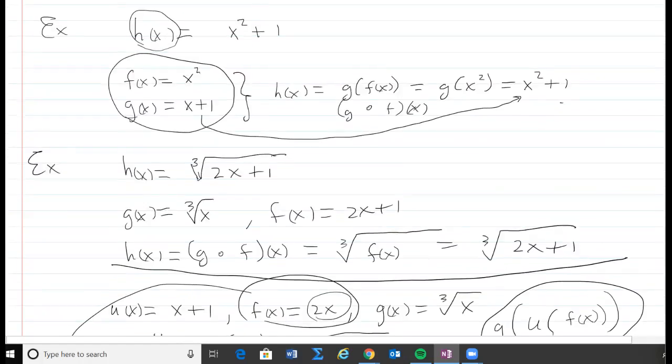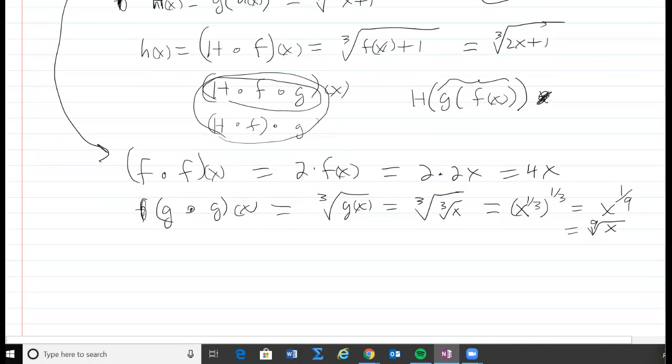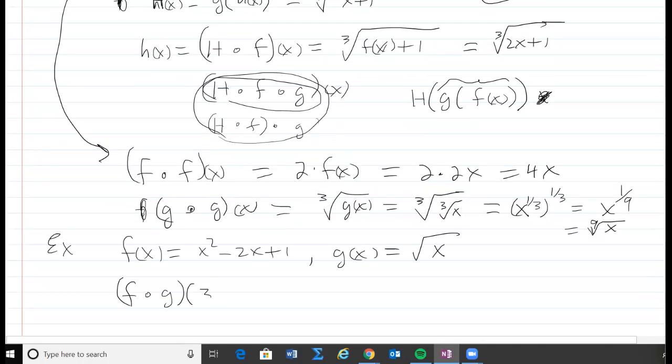Now, one more thing before I stop this. You can do evaluations. If somebody said, here's f of x, and here's g of x, and they said, find f of g of 3.